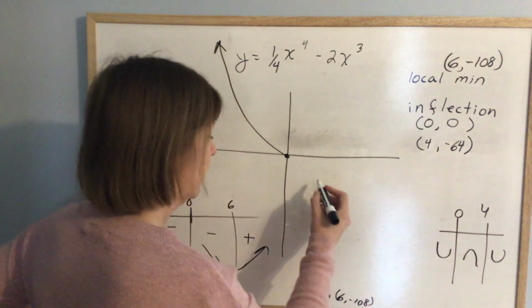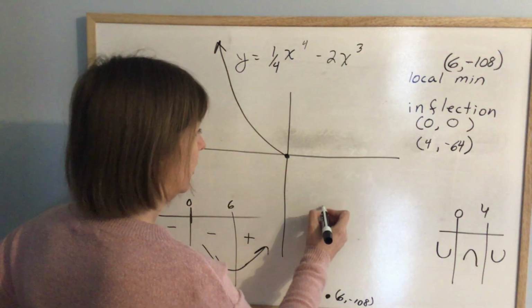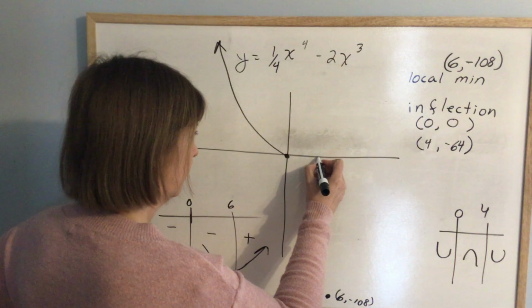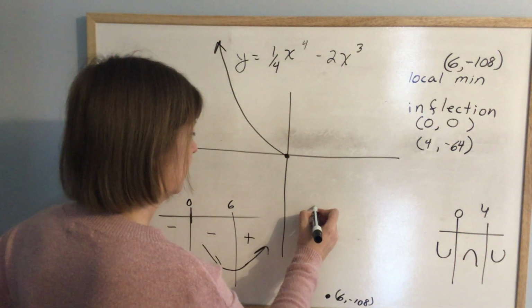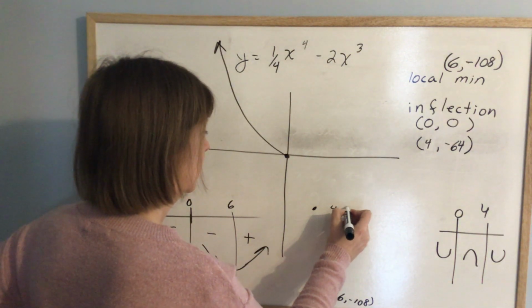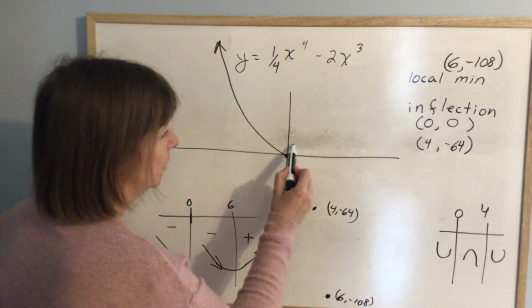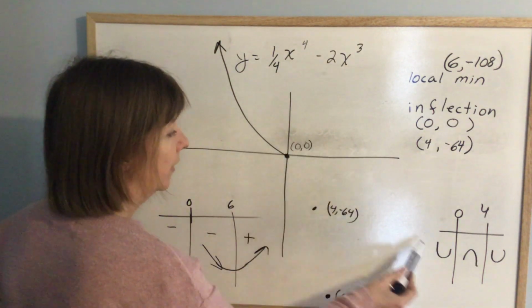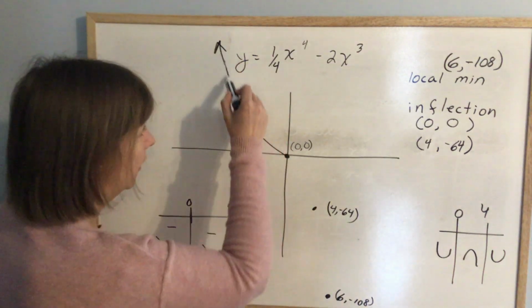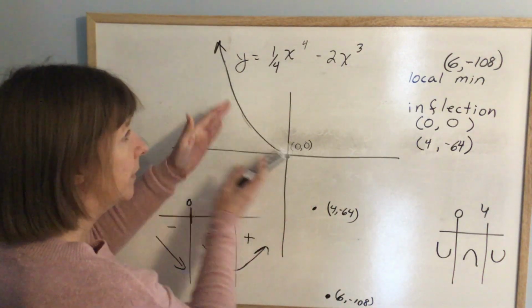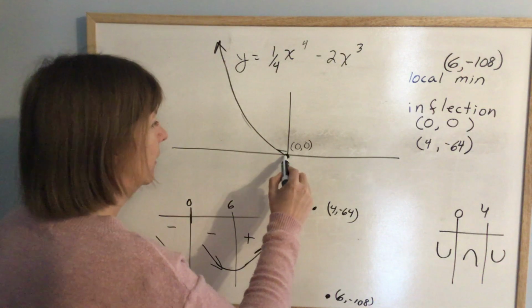Now at 4 and negative 64, again this is a sketch, so we'll call that 4 and negative 64. At 0 and 0, it switches from being concave up, which that is, headed up, to being concave down.